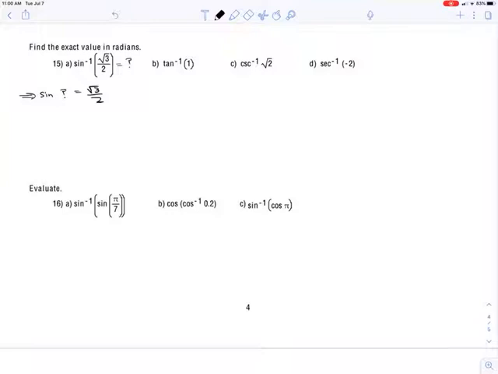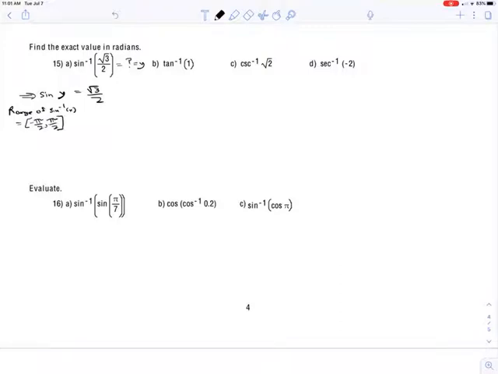Now, with that said, we'll give it a variable, call that y. Right, so we'll put y here. Sine of what number y equals square root of 3 over 2. Remember the range. Range of sine inverse of x is equal to negative pi over 2 to pi over 2.